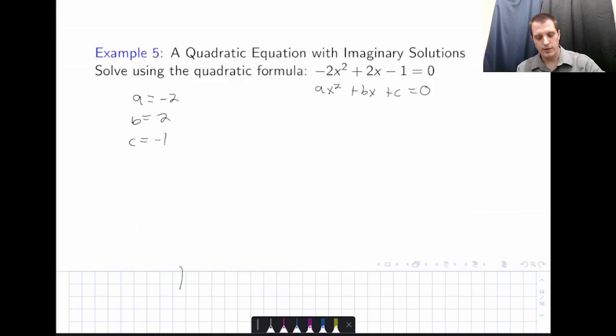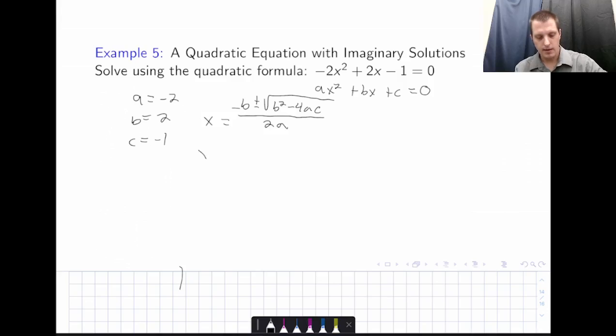Now we're going to use our quadratic formula. x is equal to the opposite of b plus or minus the square root of b squared minus 4ac, all over 2a.